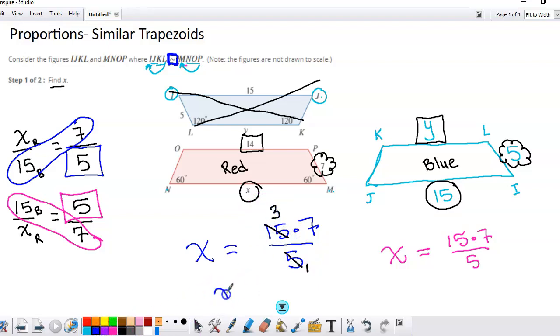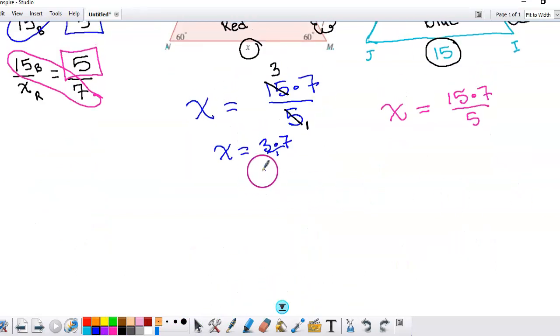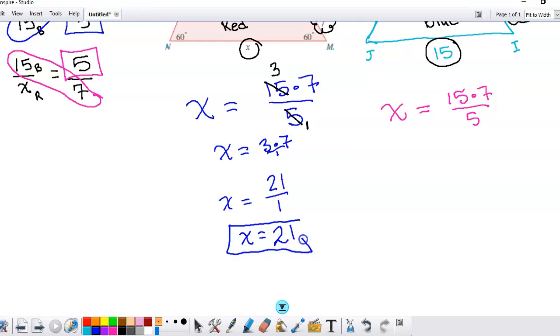So I have left here x equal to 3 times 7 over 1. 3 times 7 is 21 over 1. This is correct, but it's not fully simplified. There are 1s in math everywhere, so we only write them when we need to remember they're there. 21 divided by 1 is the same as just 21. We would get the same answer here.